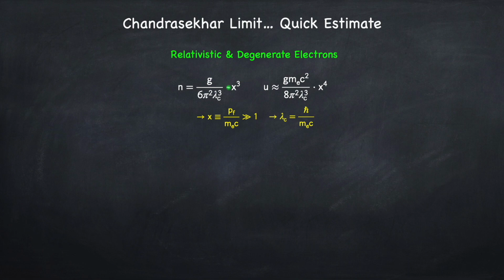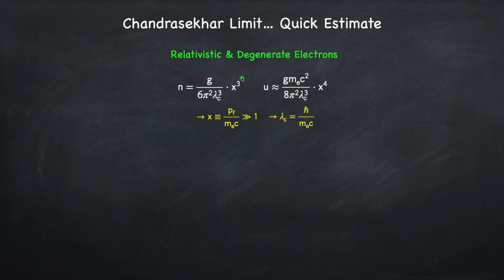Since we're assuming relativistic electrons, we are assuming x to be much greater than 1. λc is what's called the Compton wavelength, and this is equal to ħ divided by the mass of the particle, or the mass of the electron, times the speed of light.